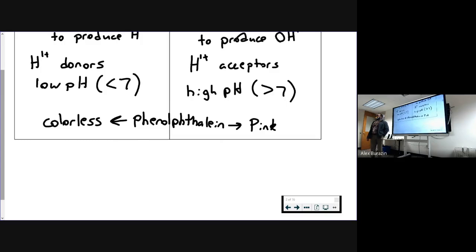Okay, what happens when you mix acids and bases together? If I mix an acid with a base, what happens? Silence. That's what happens.